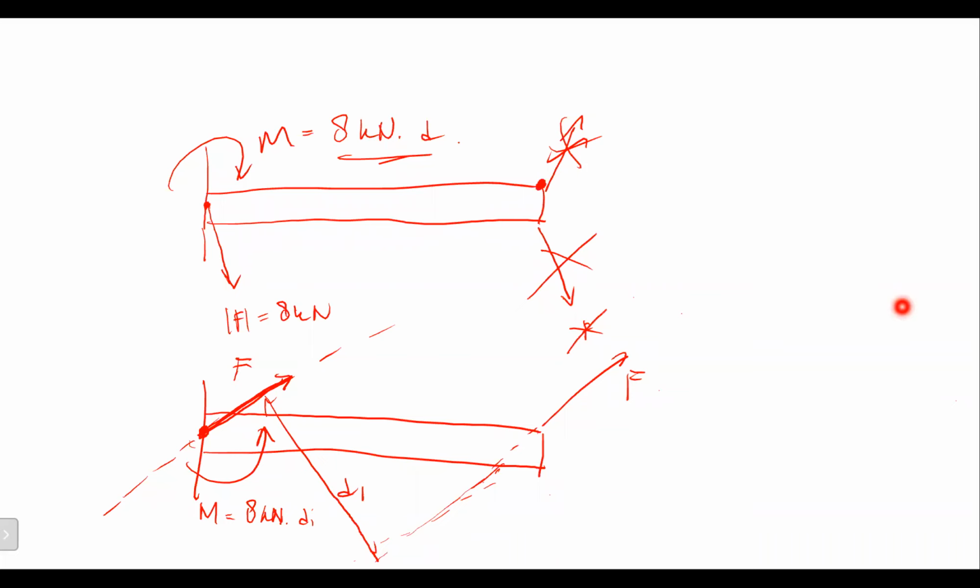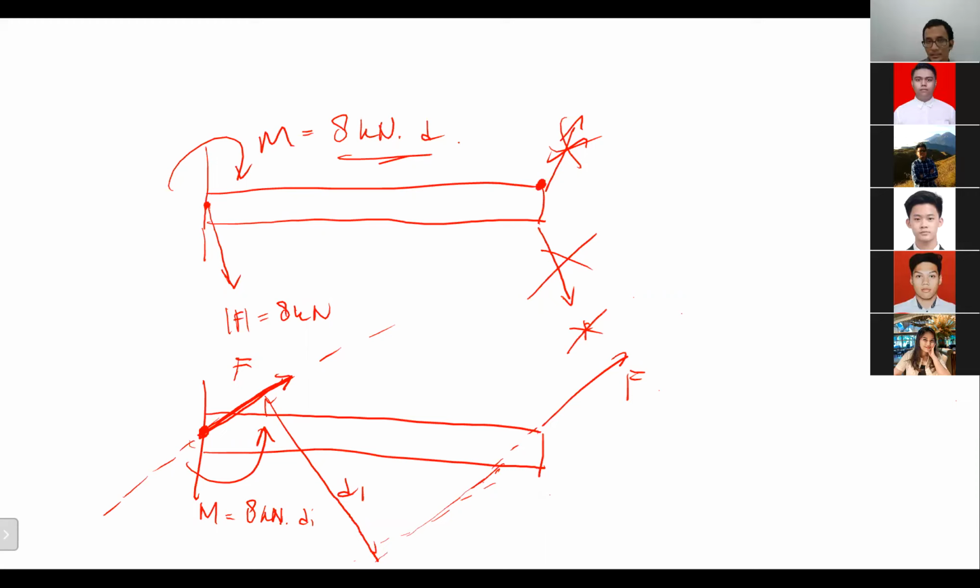To be honest, I still don't understand when it starts to connect to the couple. Who's this? Rizky. Can you repeat the question? I still don't understand when you start to connect it to the couple moment. What do you mean by couple moment?